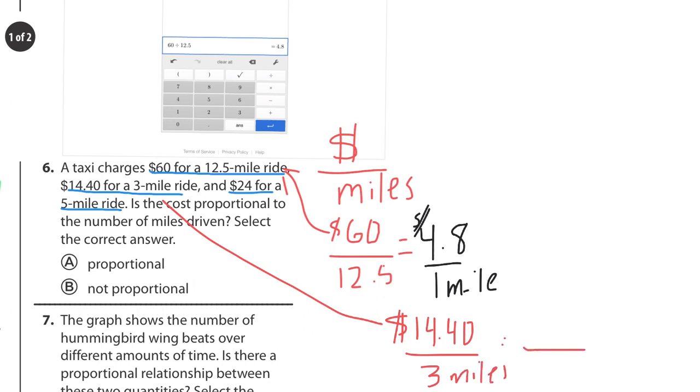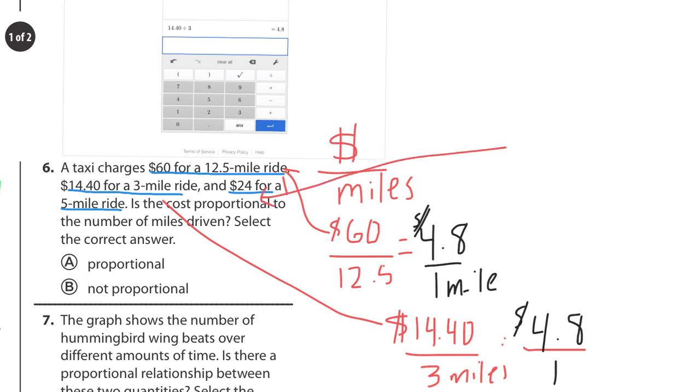So I'm going to calculate it here in the calculator. 14.40 divided by 3. That gives us 4.8 again. Okay, so now we're approaching maybe a proportional relationship. If all of these are equivalent, then we have a proportional relationship. So let's try the last one.